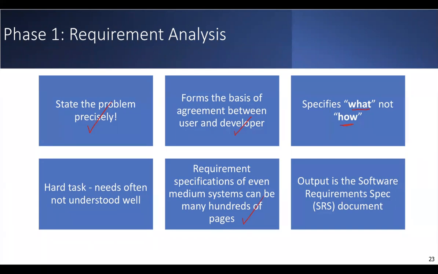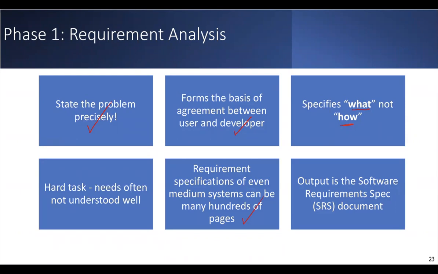So we have to state the problem very precisely. We have to understand all the fundamental questions related to what the customer needs, what the software requirements are, what the functionality of the software is, what interfaces the customer will need, what the cost is, who the users are, and what platform they will use this software on.